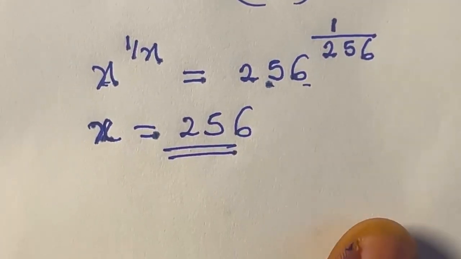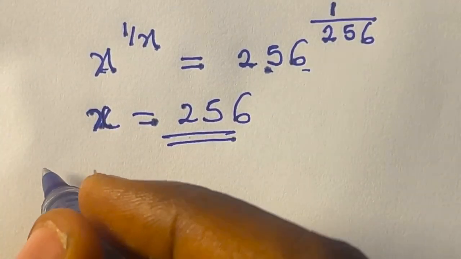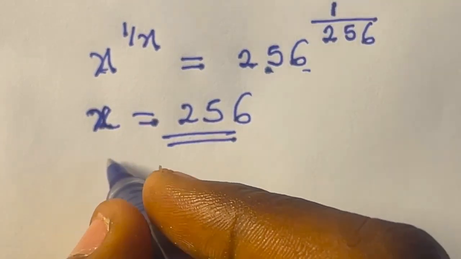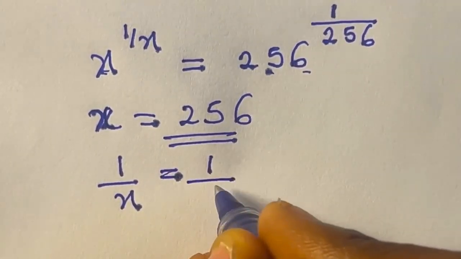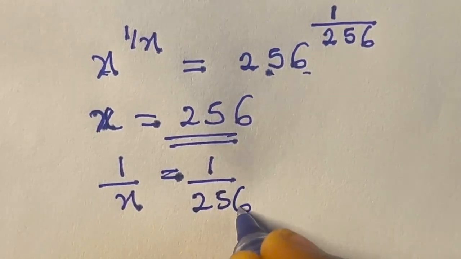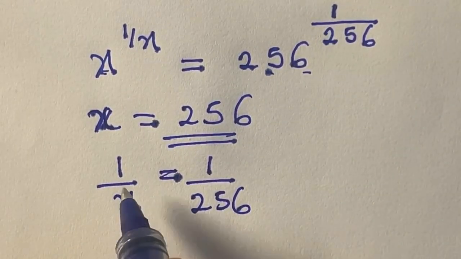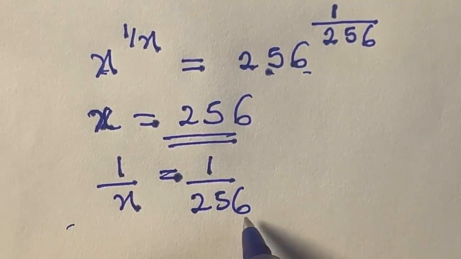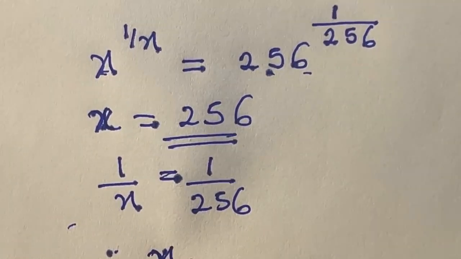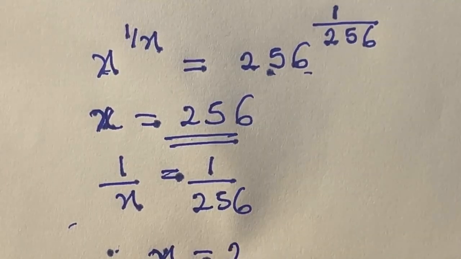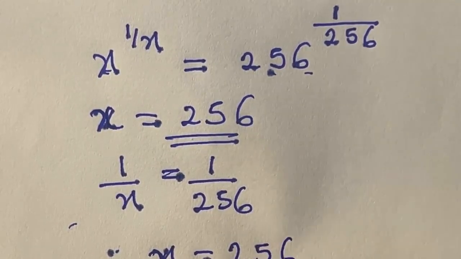Now if we want to compare the powers, we have 1 over x equals 1 divided by 256. Looking at this, 1 equals 1 and x equals 256. Therefore, we have our x equal to 256. This is our final answer.